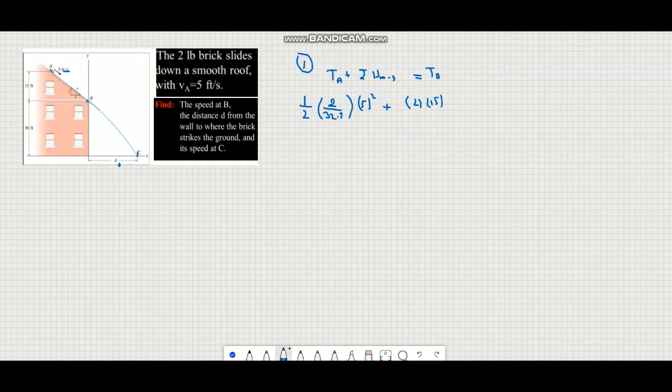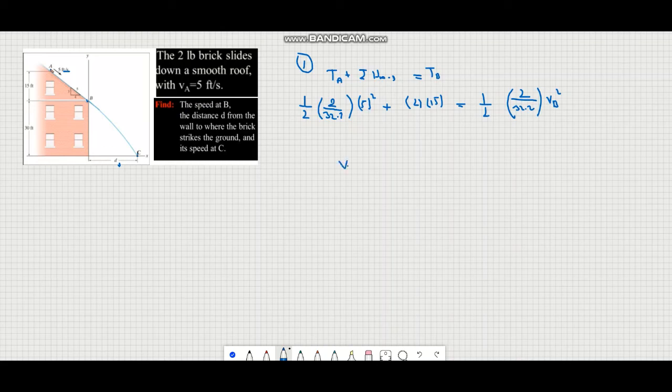So we write the potential energy change from point A to B, and this is equal to 1 over 2 again, mass of brick, which is 2 over 32.2, and VB square. What do we need to find? VB square.